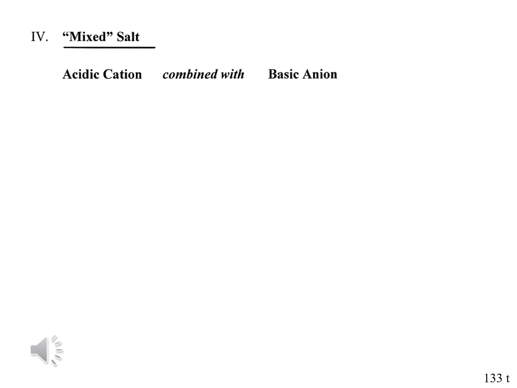You can do this problem by doing what they call simultaneous equilibrium in analytical chemistry, but I don't really want to do that because it's beyond the scope of our class. So I'm just going to show you examples of these. They exist, they're very important, but we're not going to actually calculate the pH of them.